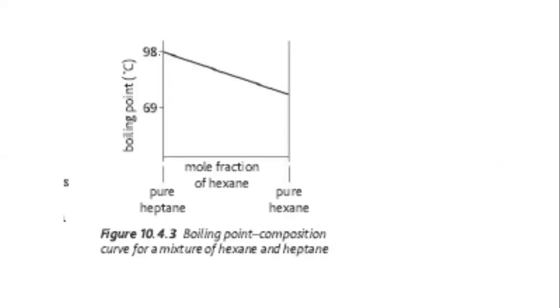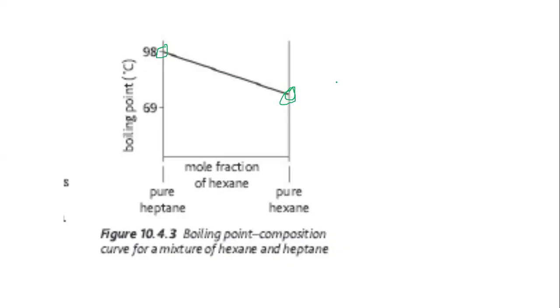If you look at the boiling point, heptane has a higher boiling point, and hexane has a lower boiling point. So you can see here that the more volatile liquid has a lower boiling point.